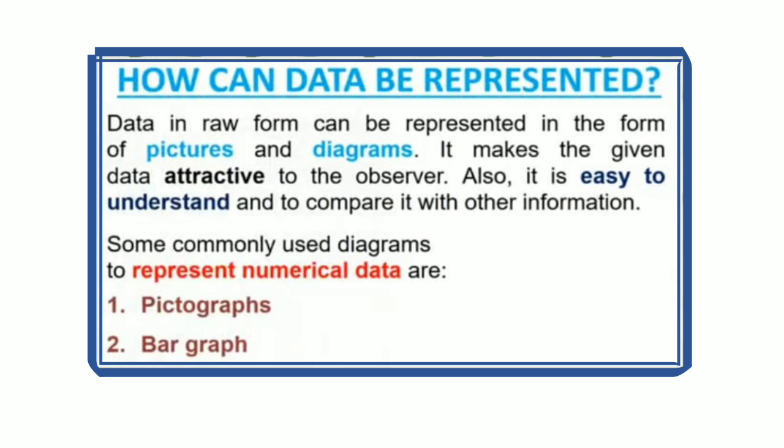It makes the given data attractive to the observer, meaning the person who is reading that data, and it is also easy to understand and to compare with other information. Some commonly used diagrams to represent numerical data are pictographs and bar graphs.